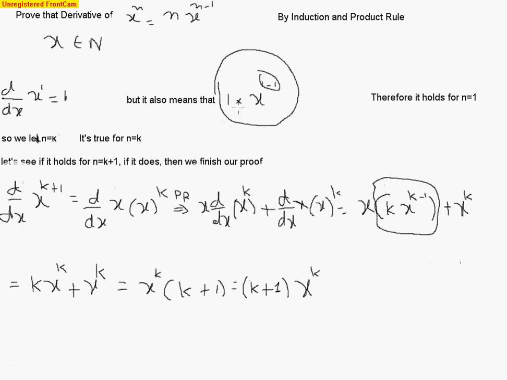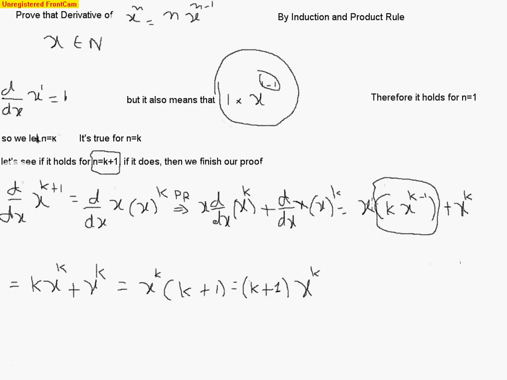So this expression has already been proven. But now we're trying to prove that it's also true for k plus 1. If it does, then we finish our proof. So this is what we got.